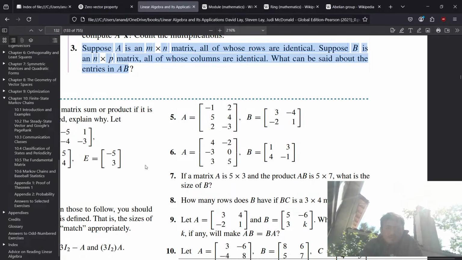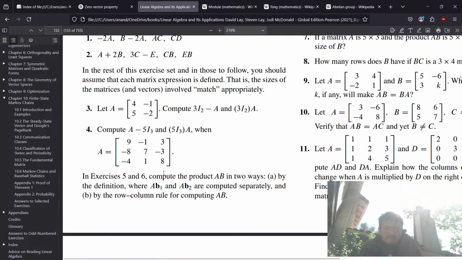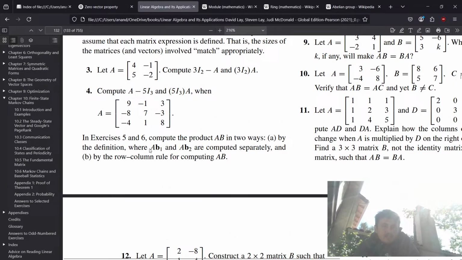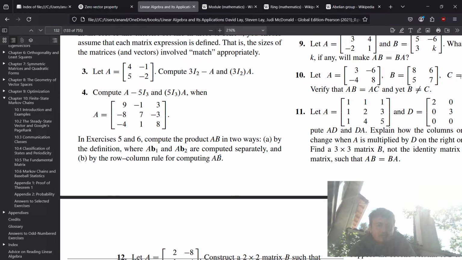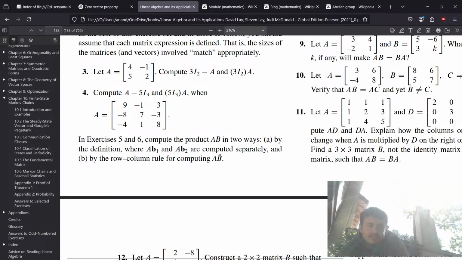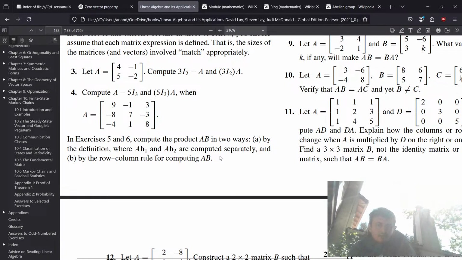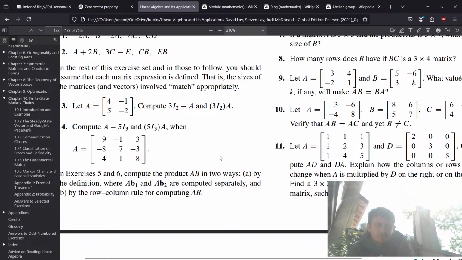All right, let's go back to the exercises. So for this one, it said compute AB in two ways. One where you treat each column of B as a vector, and then you do a standard linear combination of the columns of A, and the other one is just a row column rule.